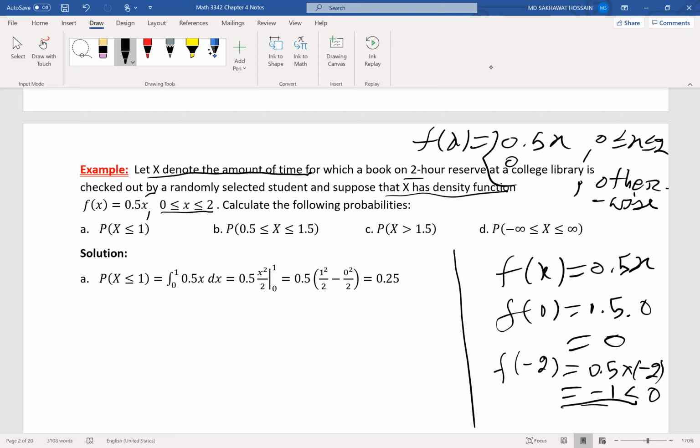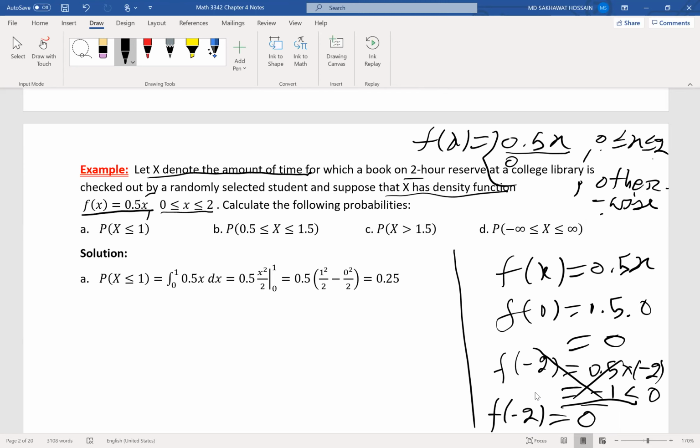And most of the time, the density function is a piecewise function. So that means for different values of x, it is defined in different ways. So you can see here for 0 to 2, the function is 0.5x, and for the other values of x, the function is 0.